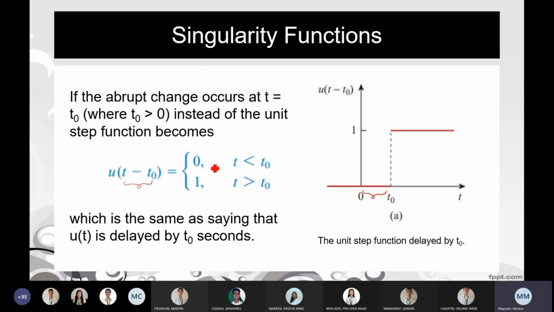It is 0 for t less than t sub 0 and 1 for t greater than t sub 0. So our signal is delayed by t sub 0.